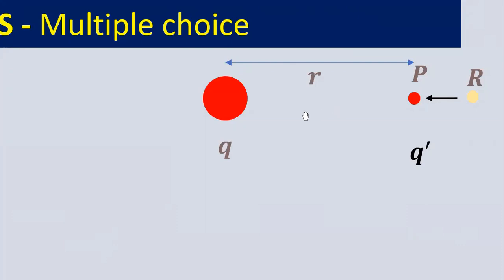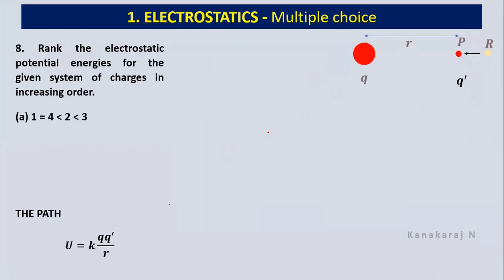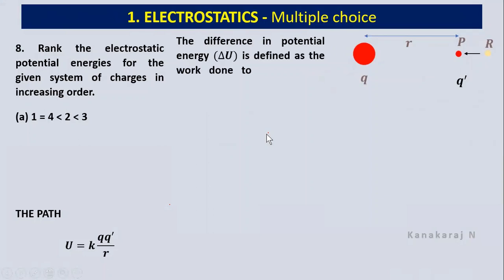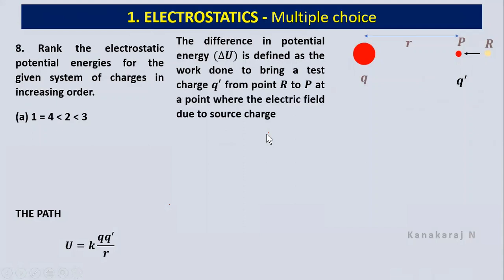Now let us go for the theory part. The difference in potential energy, del U, is defined as the work done to bring a test charge Q prime from the point R to P, at a point where the electric field due to the charge Q is E. Very simple idea.